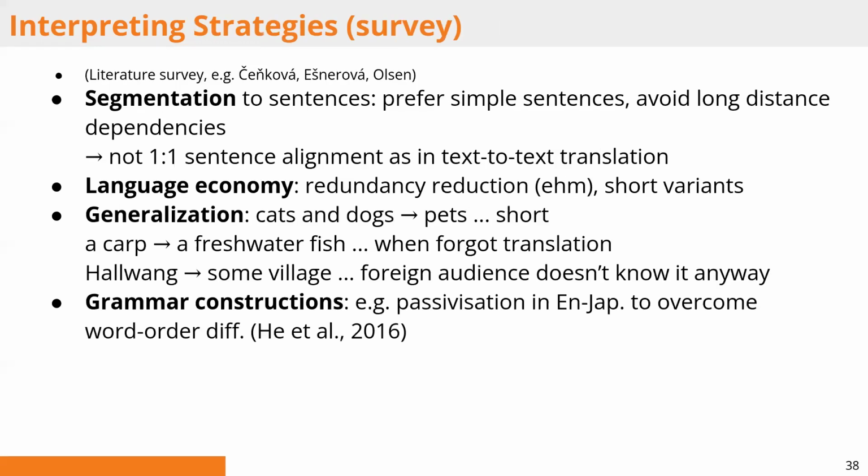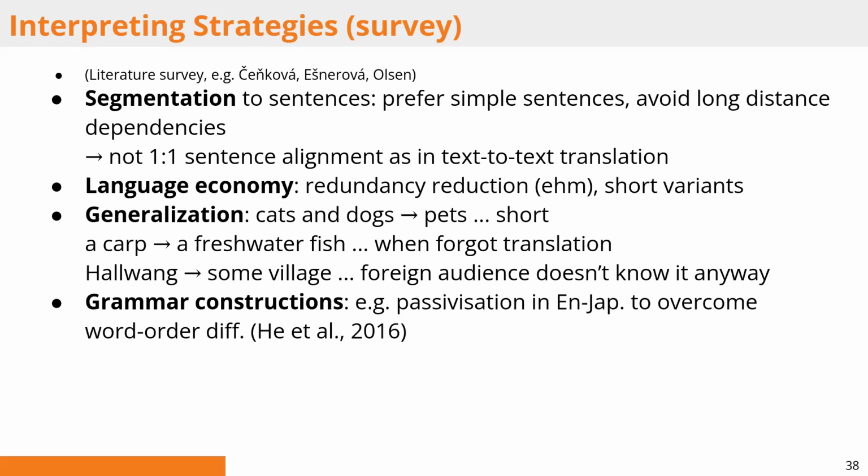We also did a survey of interpreting strategies to analyze what could be challenging when applying interpreting as a secondary source. The challenges are the segmentation into sentences, because the interpreters are instructed, or they work regularly, so that they prefer simple sentences which don't have many long-term dependencies.